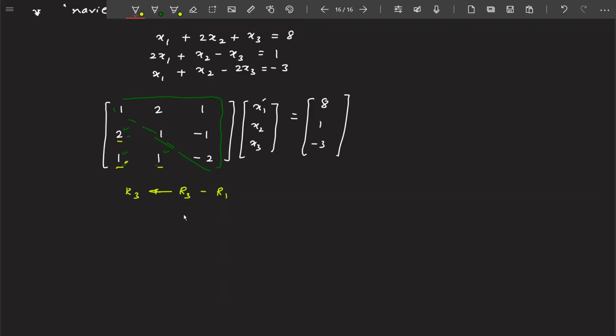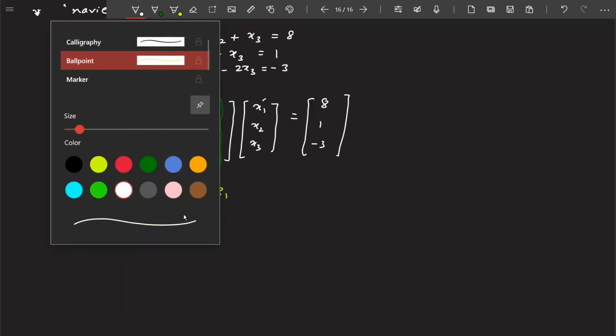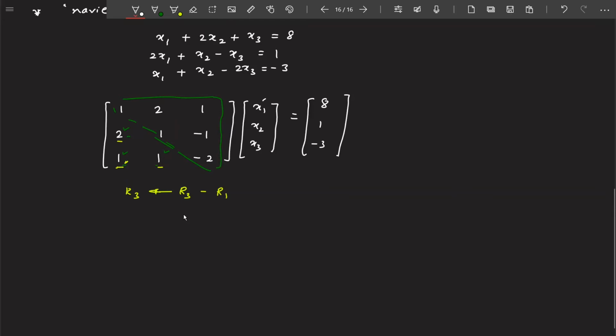If you do that, you'll realize that 1 minus 1 comes out to be 0, 1 minus 2 comes out to be minus 1, and minus 2 minus 1 comes out to be minus 3. So let us write down the equation here.